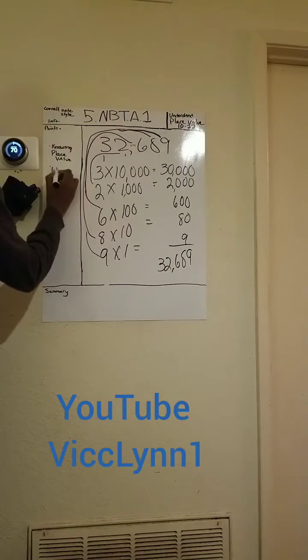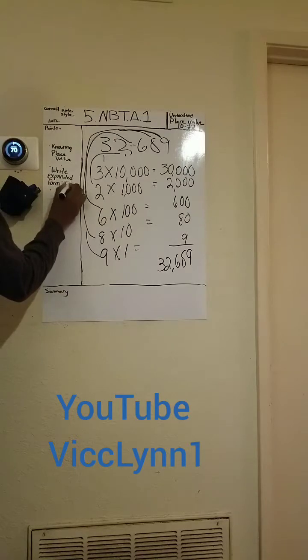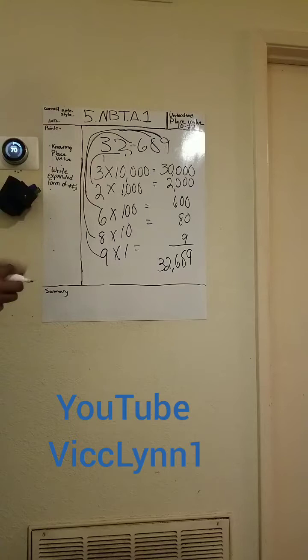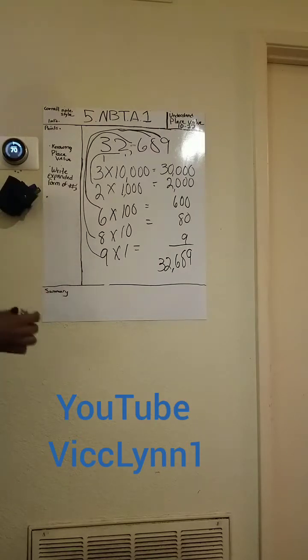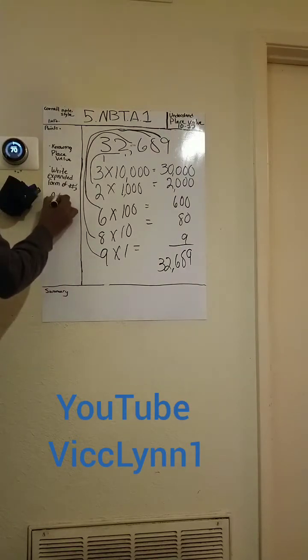The next note is going to be write expanded form of numbers. Okay? So there's not really too many points I can put. Next. Add up numbers to check it.